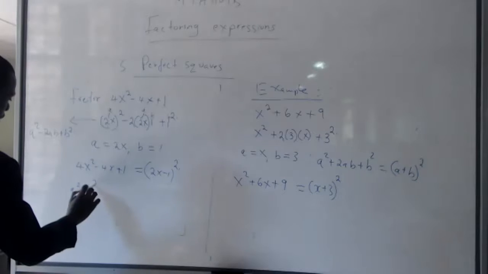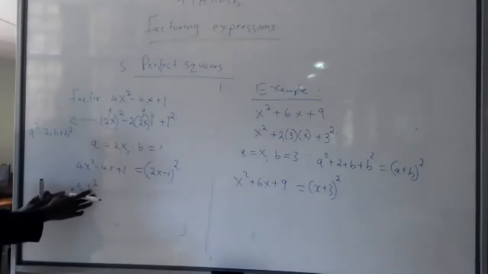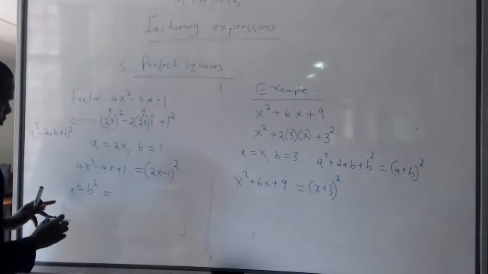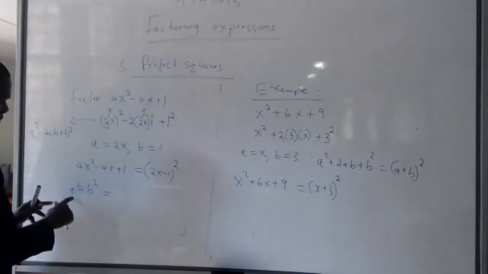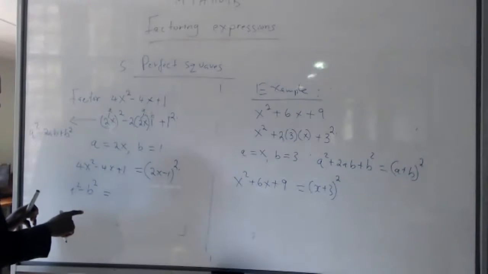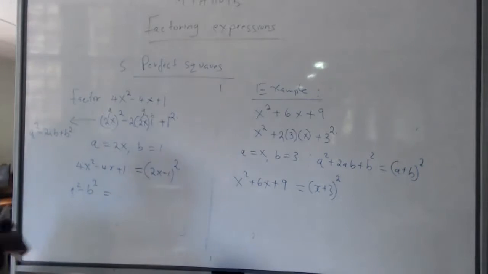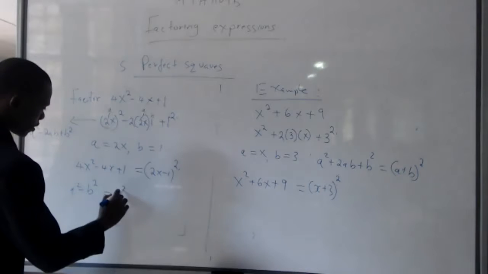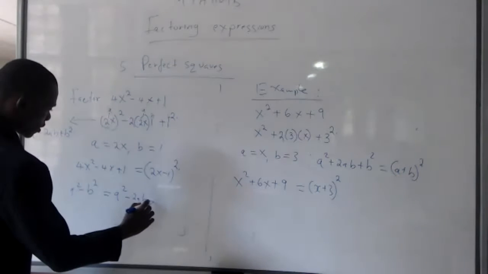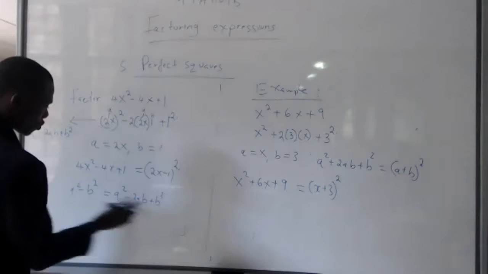That is when we are working with a difference. You're saying a squared minus b squared is equal to a squared minus 2ab plus b squared? That is like the perfect square, I'm talking about the perfect square. Okay, a squared minus 2ab plus b squared. This is not true.